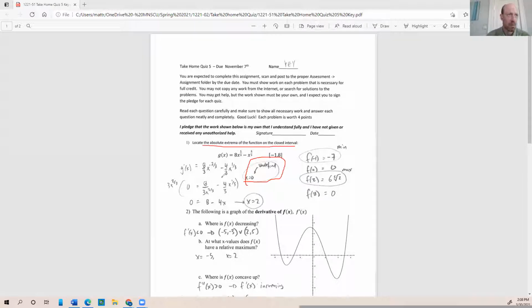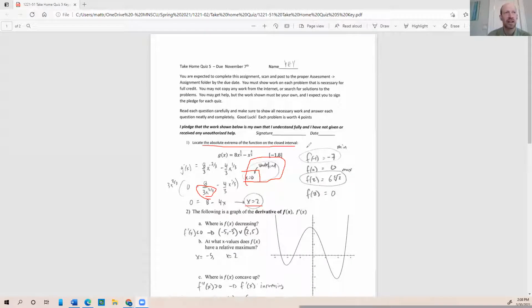A lot of people successfully took the derivative and solved and found x equals 2, which is a critical point, but they did not find x equals 0, which is also a critical point. x equals 0 makes this denominator 0, so the derivative there is undefined at that point, and that means that's a critical point. The function is defined at 0, but the derivative is not defined at 0.